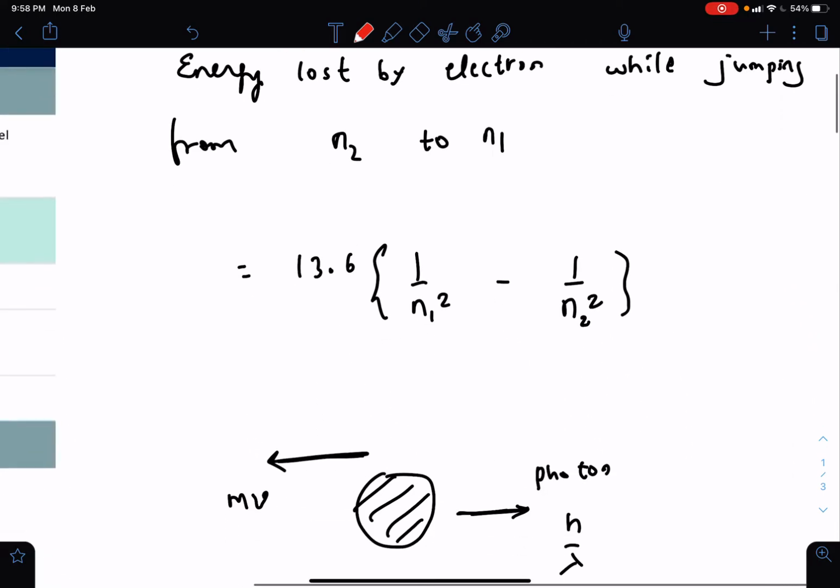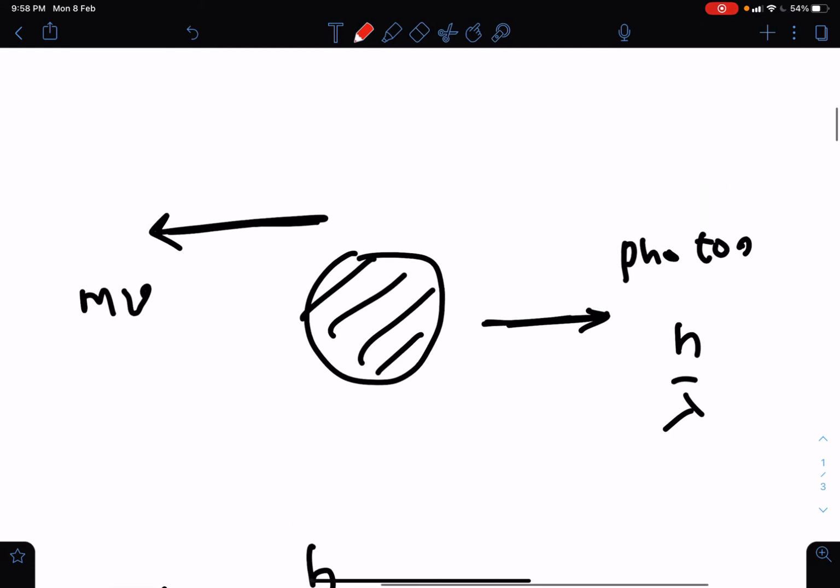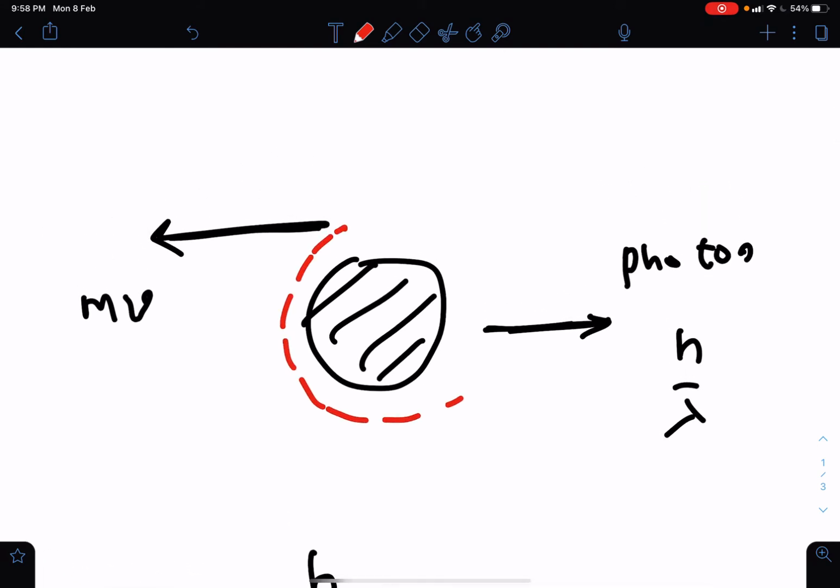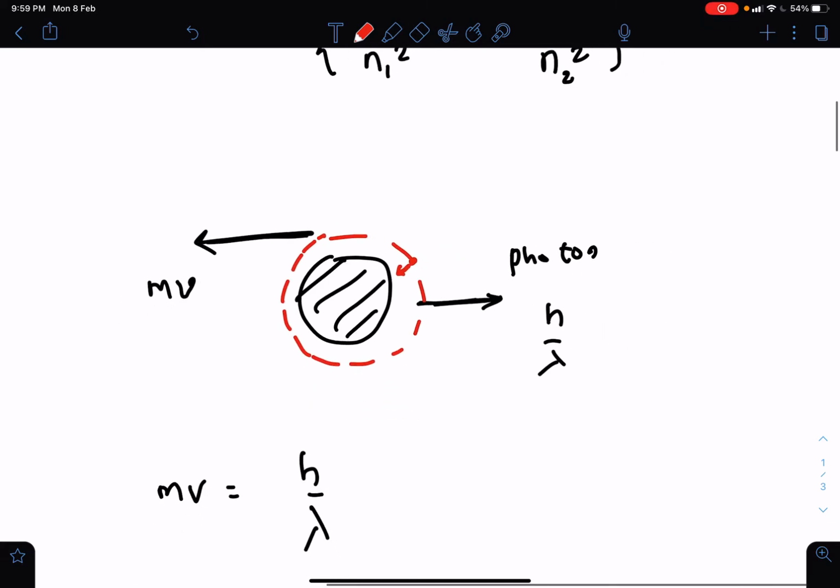Now here, the atom has an electron in some excited state. The electron will jump to the lower state, thereby emitting a photon. Let's say this photon is emitted towards the right. The photon has a momentum and energy.